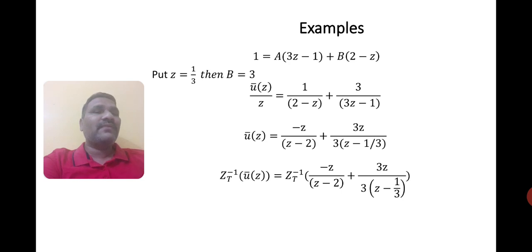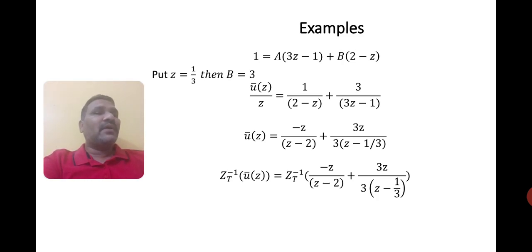U bar of z divided by z is equal to 1 divided by 2 minus z. Here we do not know 2 minus z, we know z minus 2. So what you will do is take minus common. If you take minus in common, you will get minus 1 divided by z minus 2. And here also the same problem: we don't know 3z, we know only z minus 1.